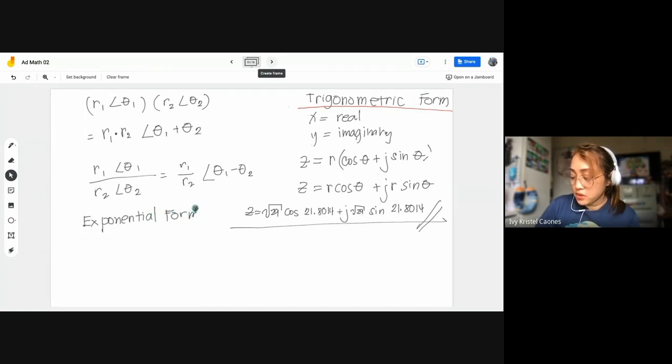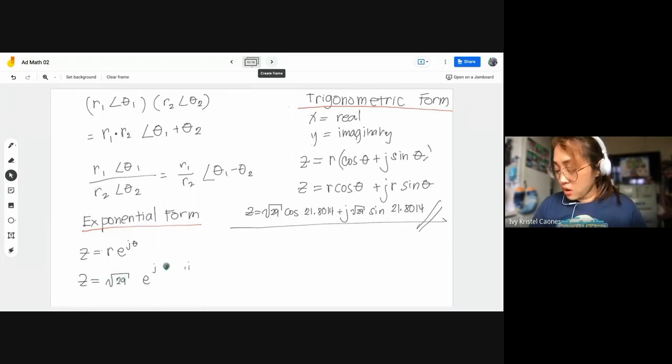That will be z equal to r e to the j theta. So that is the exponential form. If you have the rectangular form of this, it will be z equal to square root of 29 e to the j. Our theta is in radians.